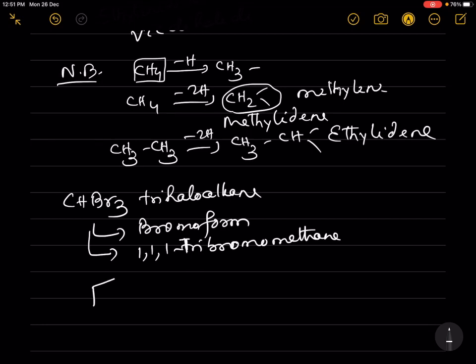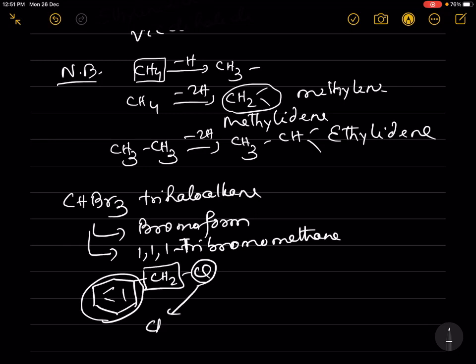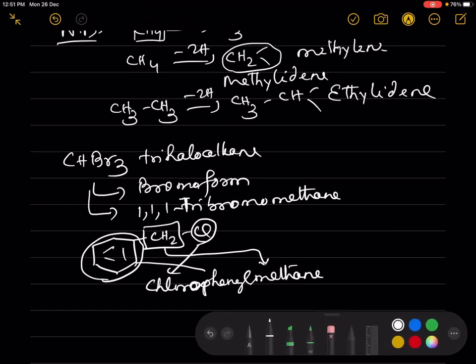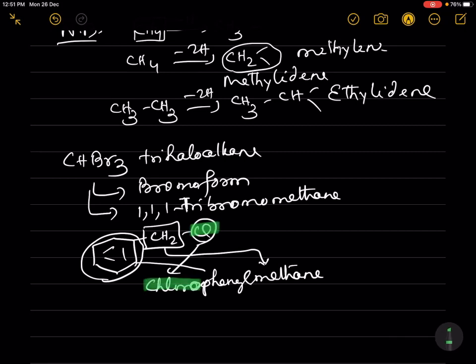And the IUPAC name of this compound is chlorophenylmethane, but there should be no gap. This is chloro, this part is phenyl, and this part is methane.